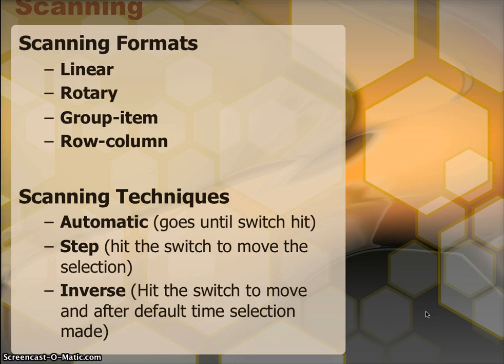So if we're drilling them in mathematics and we have number 1, 2, 3, 4, 5, 6, 7, 8, 9, 10 all in a line, and we ask what's 2 plus 2, when it highlights 4, the student presses the switch and activates that selection, and then we know that's their selection and we can give them feedback at that point.